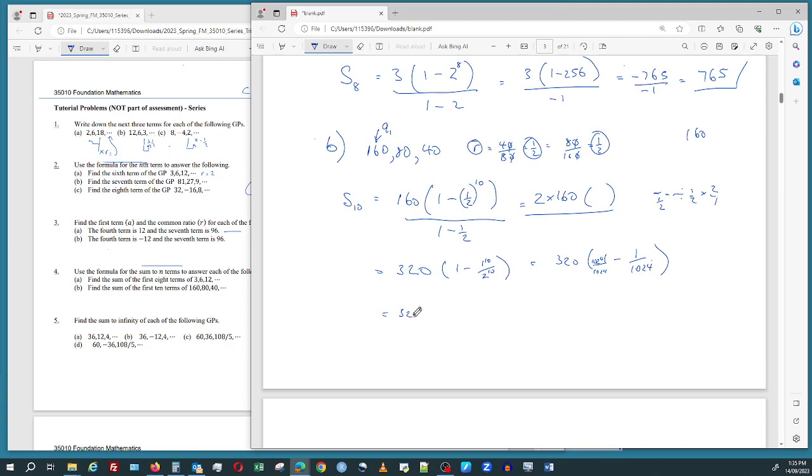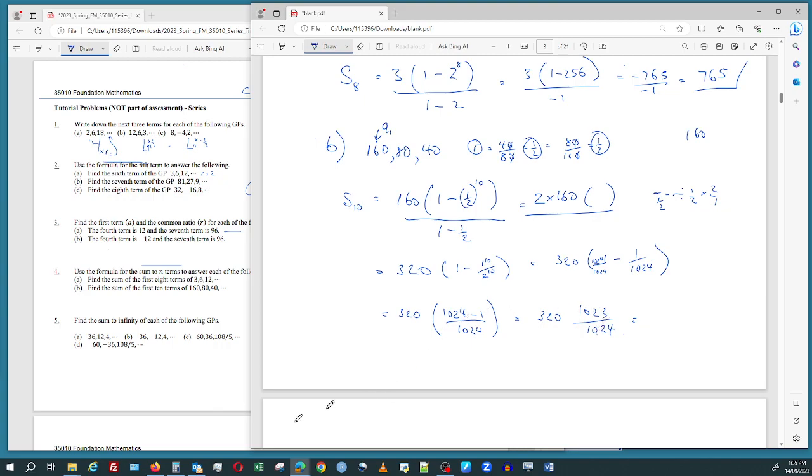So we'll get 320 times 1024 minus 1 over 1024, which is 320 times 1023 over 1024. Now I'm not sure of factors here. 320 is 32 times 10. 32 is definitely a factor of 1024.